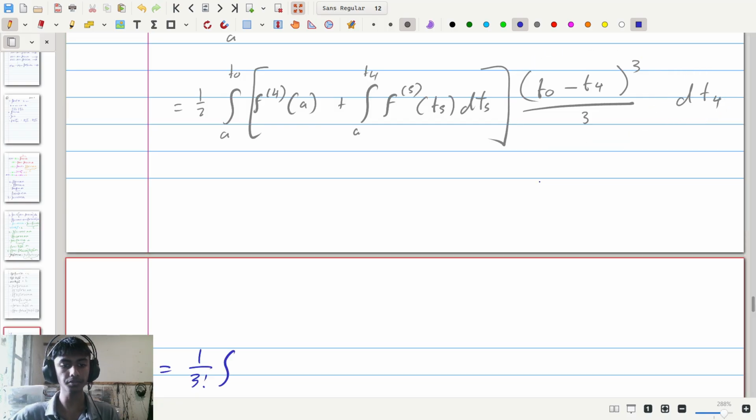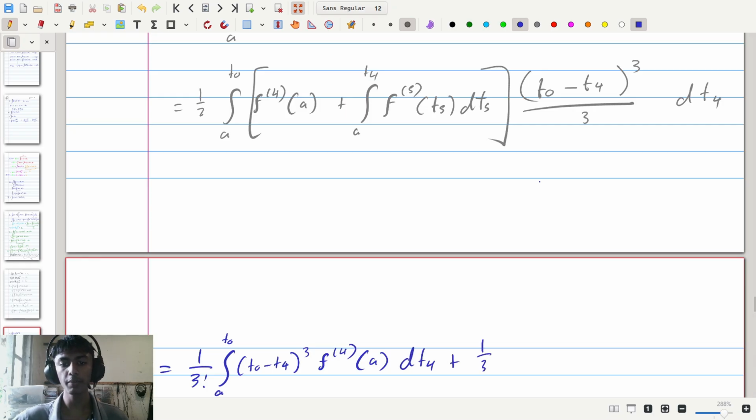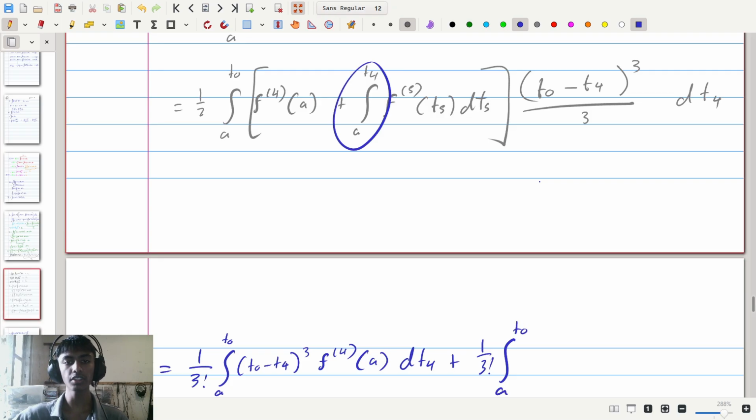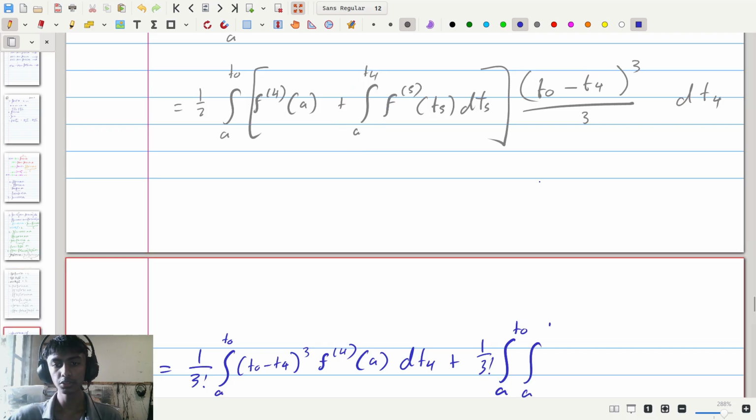So here we have the integral from a to t0 of (t0 minus t4) cubed, and since we have the divide by 3, I actually don't need to raise this up because the divide by 3 is already outside as a divide by 3 factorial, multiplied by f fourth, as in the fourth derivative of f evaluated at a, dt4, plus the same exact thing: 1 divided by 3 factorial times the integral from a to t0 of this integral here, which is the integral from a to t4 of f5(t5) dt5, times this part, which is t0 minus t4.